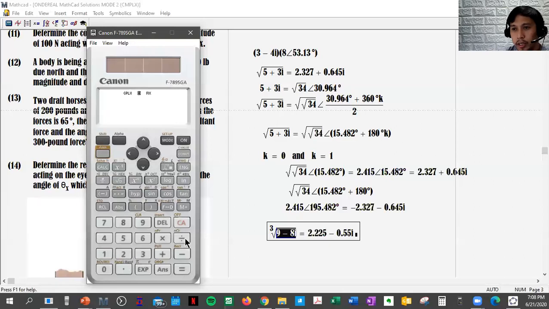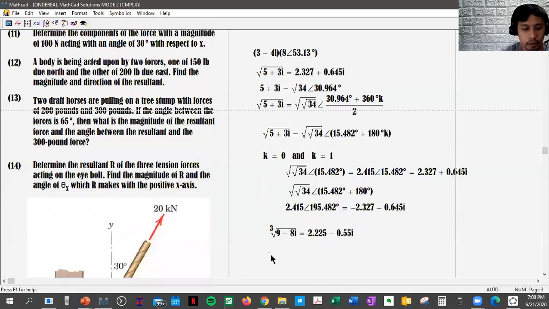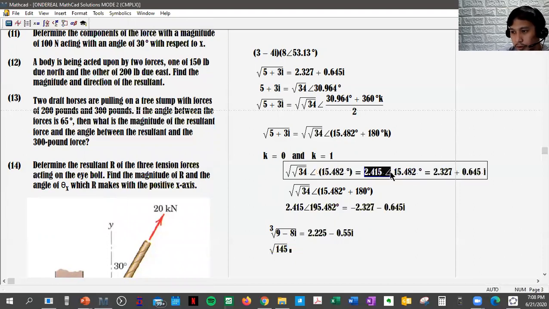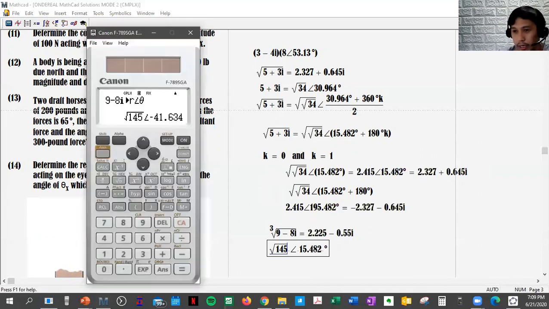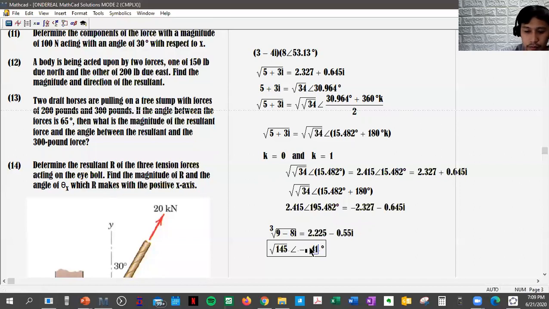So that is square root of 145 angle, ilan yung angle na nakuha natin? The angle is negative 41.634.